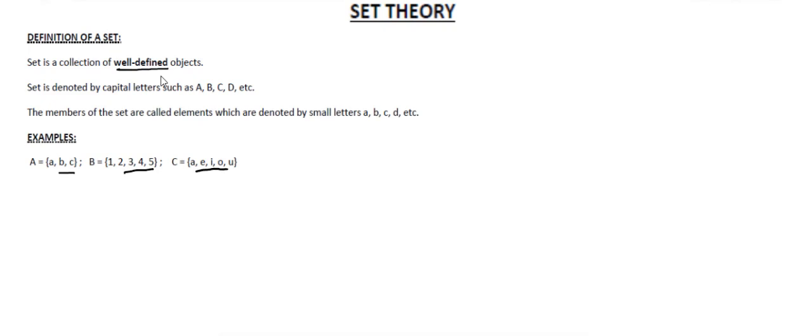The set is denoted by capital letters, and the elements are represented by small letters in general. It may be numbers also, no issues, but that entire collection should be within the flower bracket and it should be given a capital letter. That is very important. This is how we should notate a set and its elements.